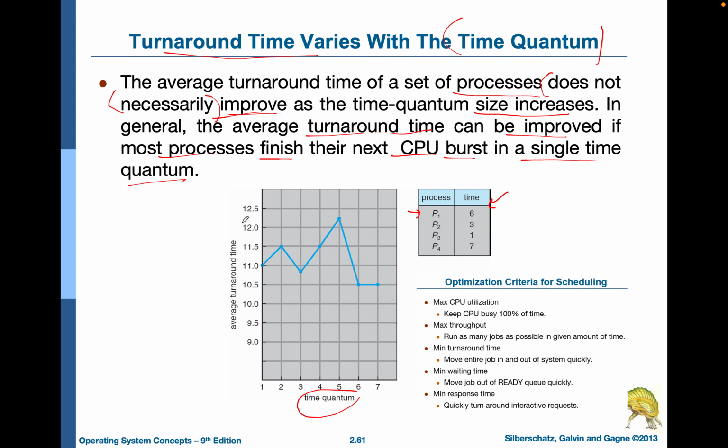Here you have the average turnaround for each process. The optimization criteria for scheduling are maximum CPU utilization, maximum throughput, minimum turnaround time, minimum waiting time, and minimum response time.